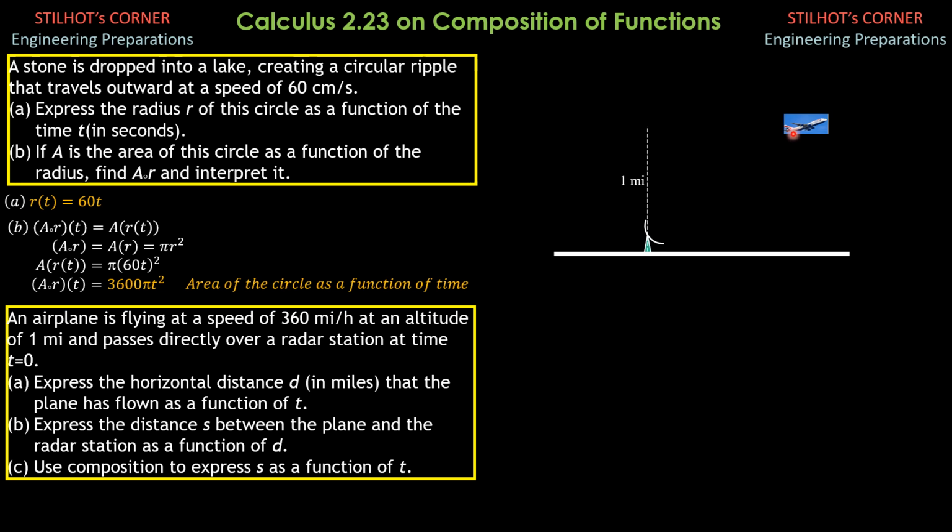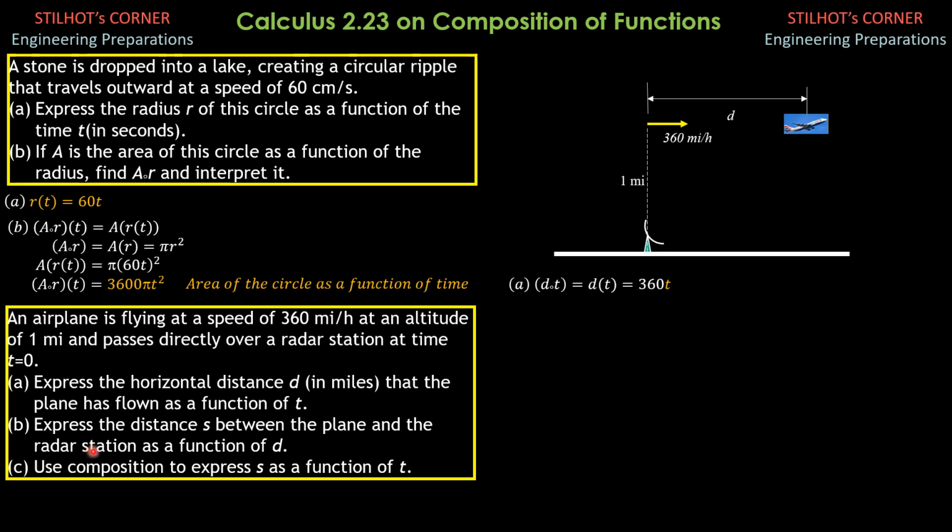So this distance therefore is the speed of the plane times time t, so 360. So that is d, and d is 360 miles per hour times time t. So for part A, d as a function of time is 360 times time t.